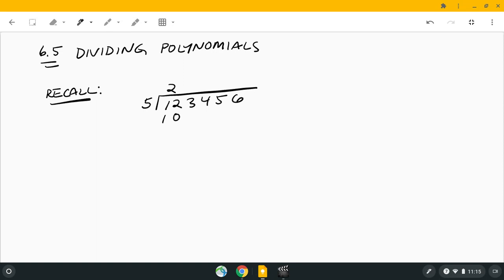This process is going to be similar to the process we're going to be doing when we divide polynomials.